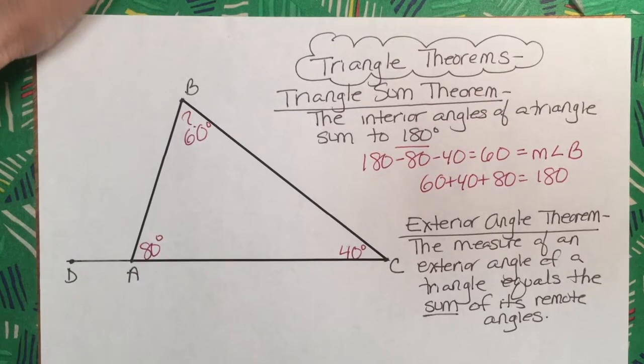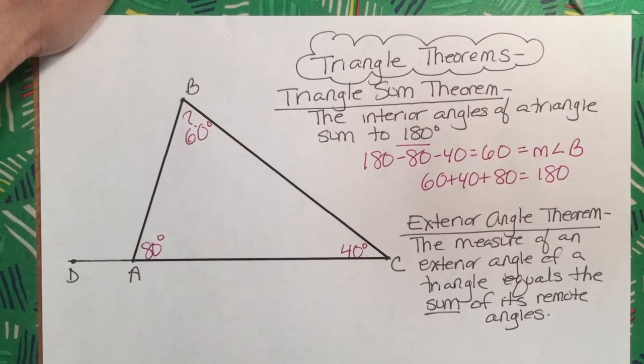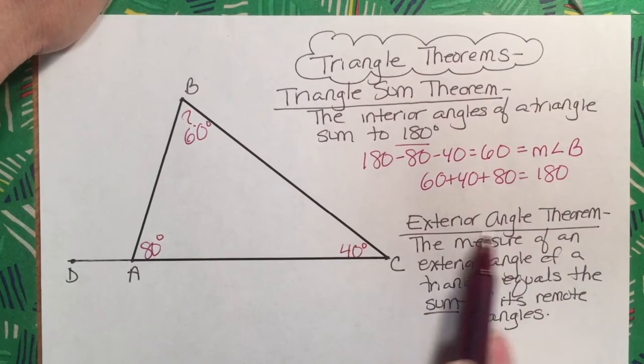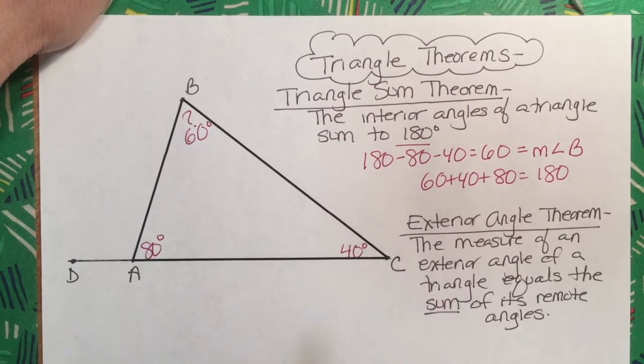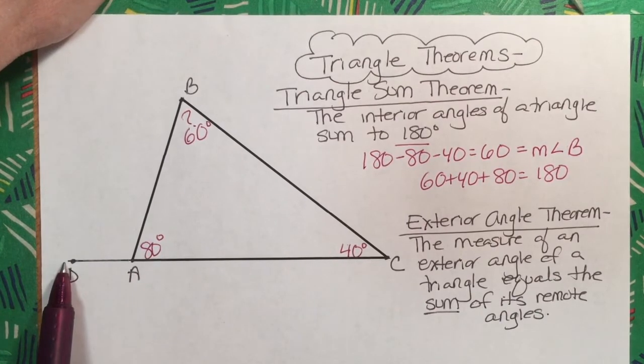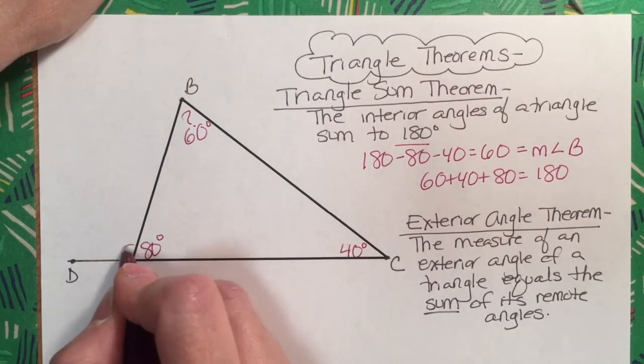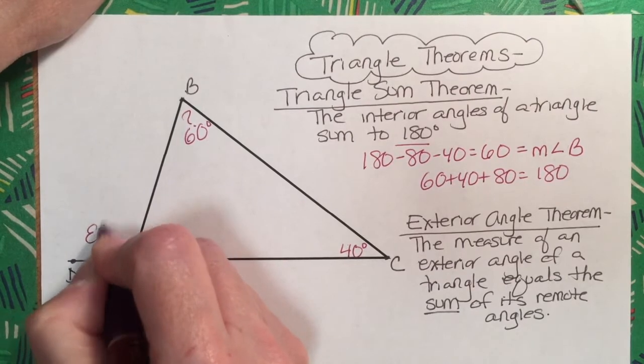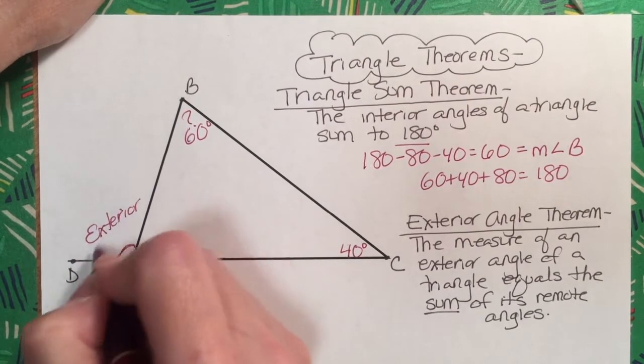And another useful theorem that goes along with that is called the exterior angle theorem. Exterior means outside, remember? If you took one of the sides of the triangle, and you just extended it out, and you formed an angle on the outside, this is called an exterior angle.